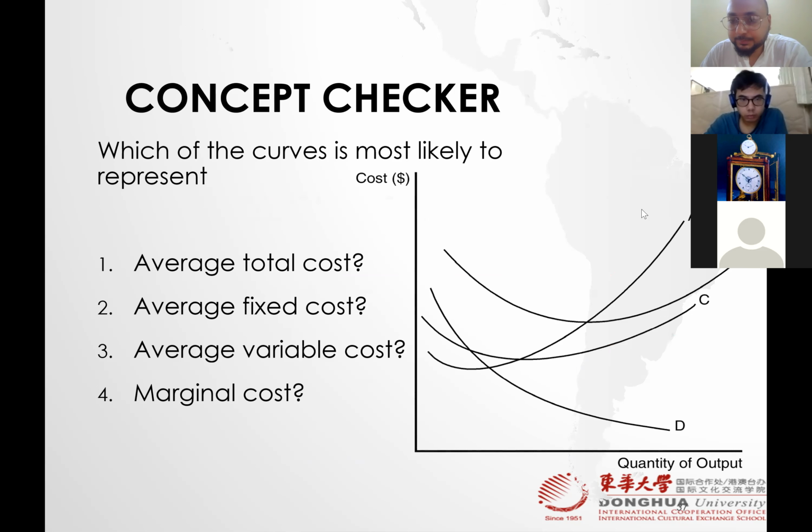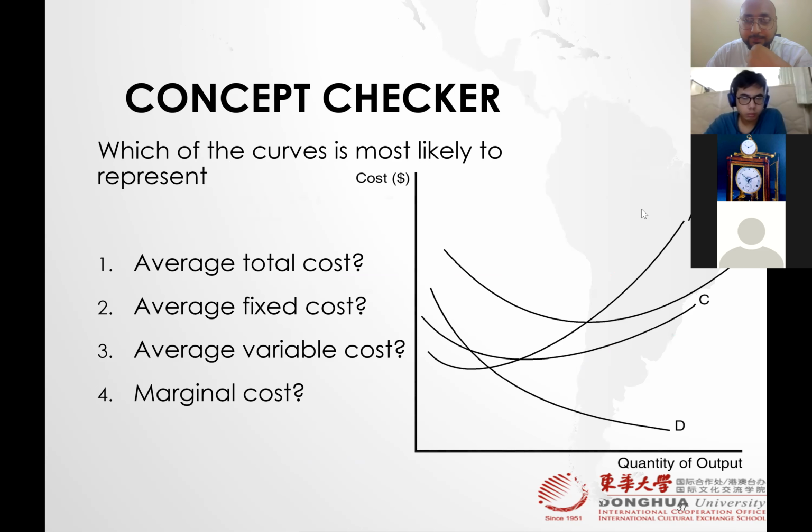Fit B. Mirko. Yes. Average total cost. Maybe C. Or C or B.